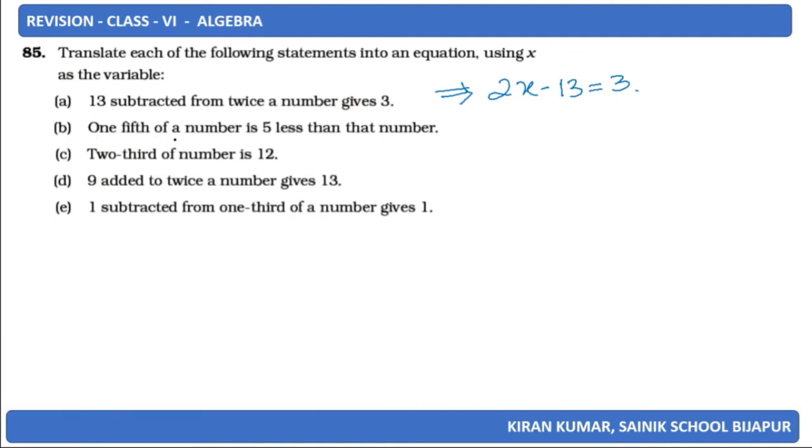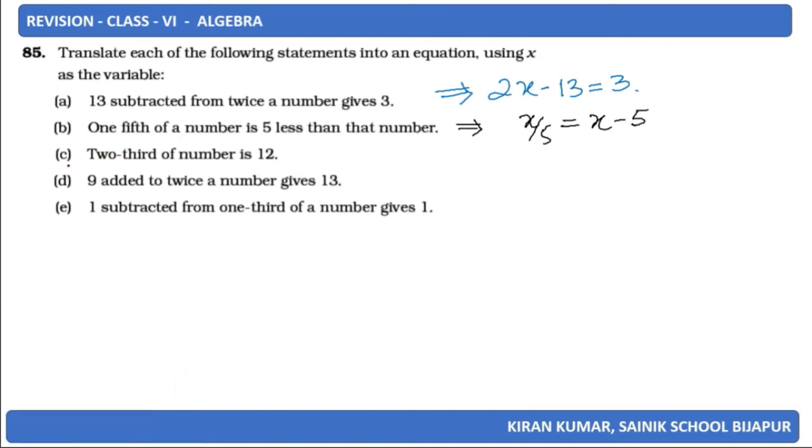B. 1/5 of a number is 5 less than the number. 1/5 of a number is x by 5. 5 less than the number is x minus 5. So x by 5 is equal to x minus 5.